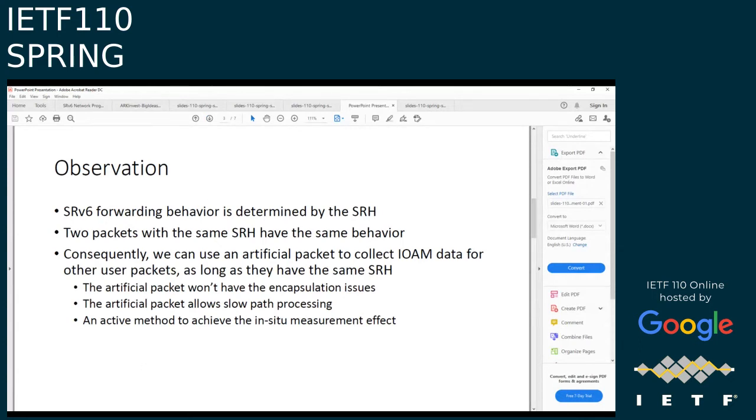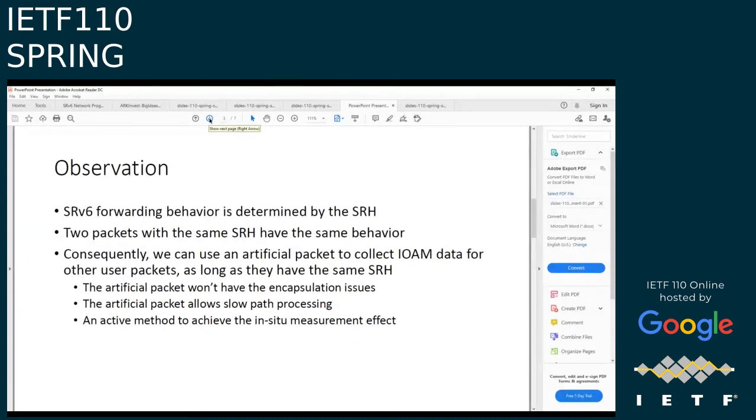We call this artificial packet a probing packet. It will not have the encapsulation issues because it doesn't have any user payload. And we can allow slow path processing for this artificial packet, so that it doesn't consume forwarding path resources or raise performance concerns.